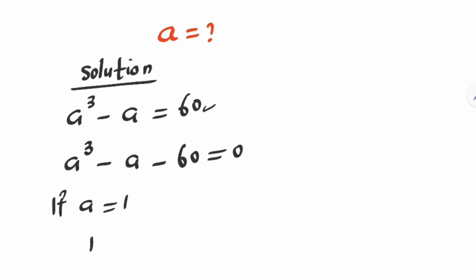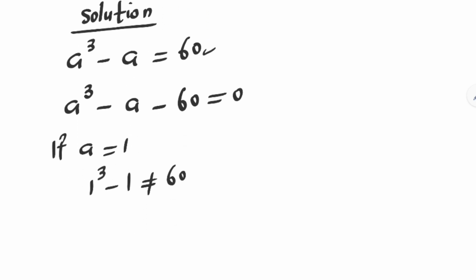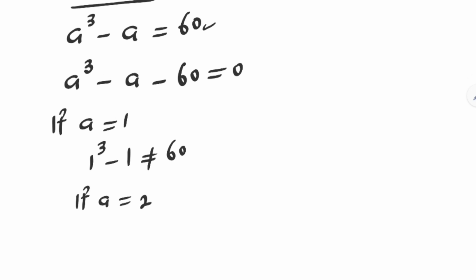Then we have 1 raised to power 3 minus 1. This is not equal to 60. Now if a is equal to 2, this is 2 raised to power 3 minus 2. This is not equal to 60.